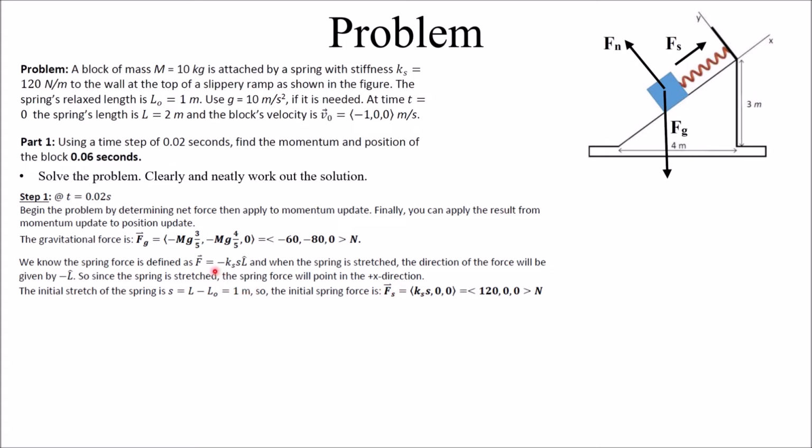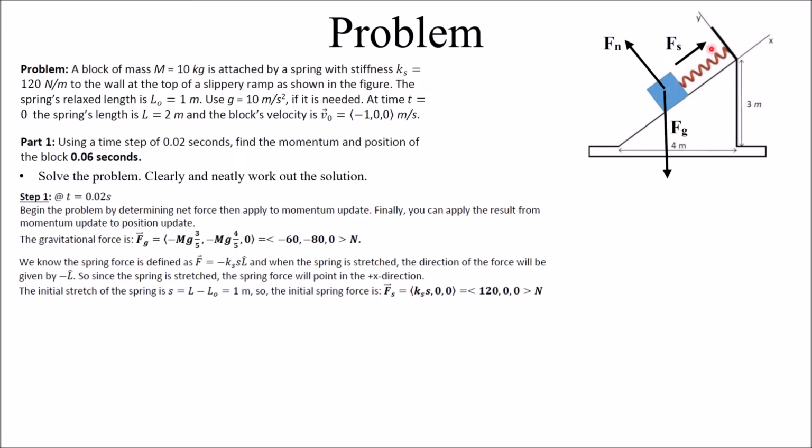The spring constant times the elongation gives us Hooke's law, which gives us the strength of that spring force. The constant is 120, and so 120 times 1 is just 120 newtons. So we have 120 newtons acting up the ramp, and we have negative 60 newtons acting down the ramp.